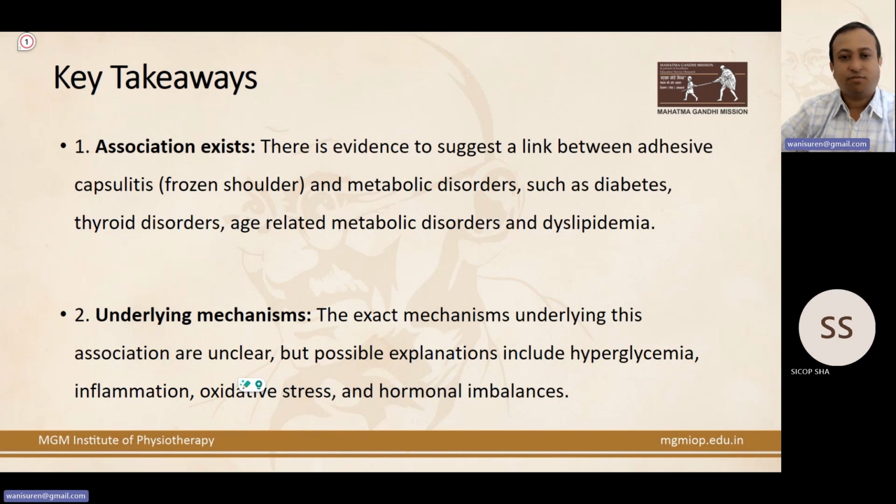The exact mechanisms underlying the association are still under study, but the possible explanations are already discussed in the previous studies as prolonged hyperglycemia, chronic low-grade inflammation because of the oxidative stress and the hormonal imbalances like in the thyroid dysfunctions.